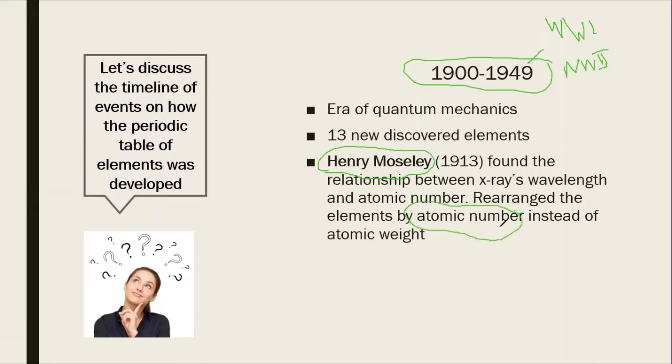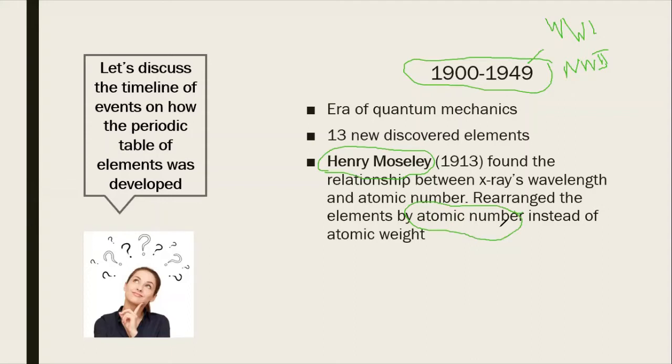Okay, pero ang pinaka-main basis ni Henry Moseley dito, of course, yung unang-unang ginamit na periodic table ni Dmitri Mendeleev. Okay, pero sa kanya naman, since he was able to discover the relationship between X-ray and the atomic number, doon niya na-find out na pwede palang i-arrange ang mga elements according to its atomic number, instead of the atomic weight.